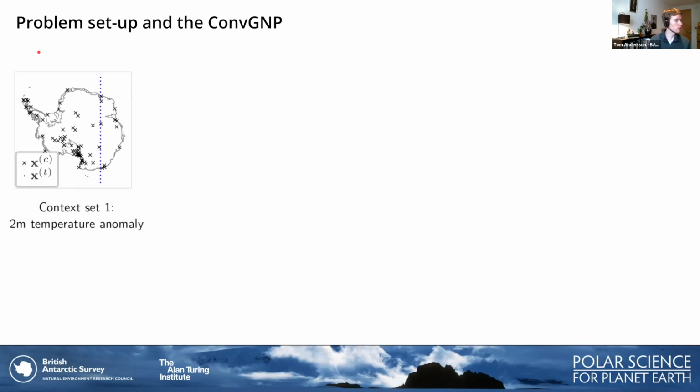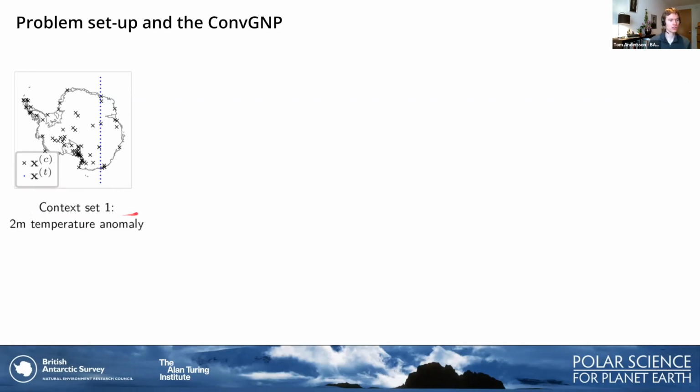So let's say we start off with a set of 2-meter surface temperature observations at these land-based stations indicated by black crosses on the Antarctic continent over here. And we're going to call this a context set, which is using the terminology behind the machine learning paradigm from which the ConvGNP comes, which is called meta-learning.